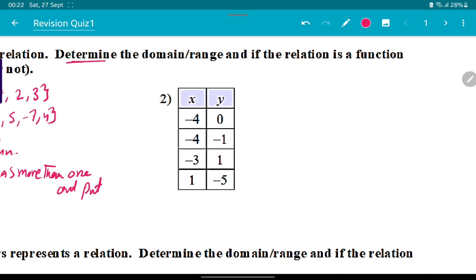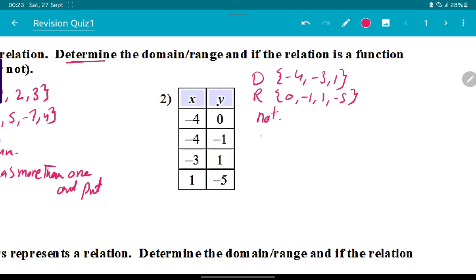In this case, the second one, we have -4. It has more than one output, so it's not a function. For the domain, it's -4, -3, 1. For the range, it's 0, -1, 1, -5.